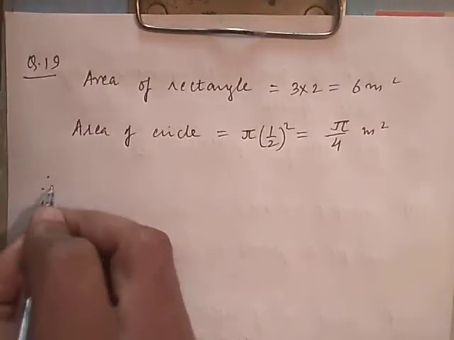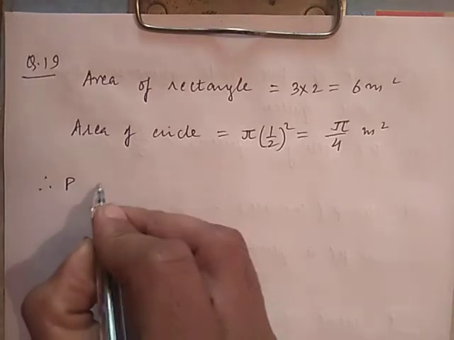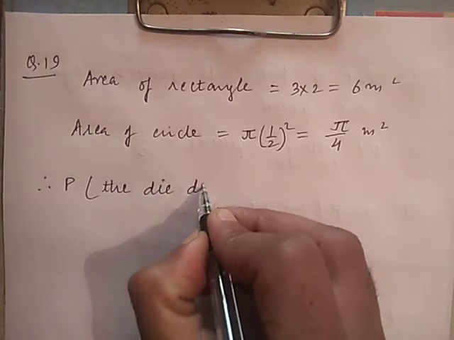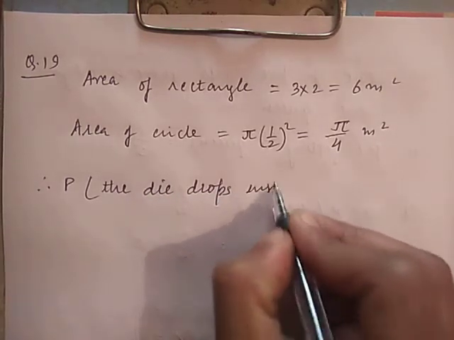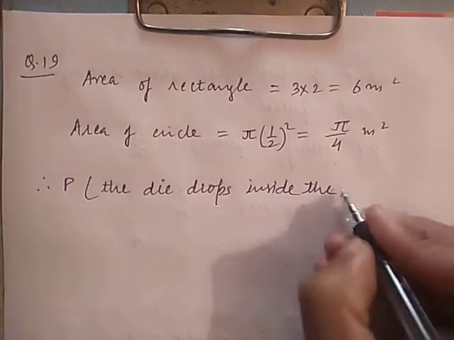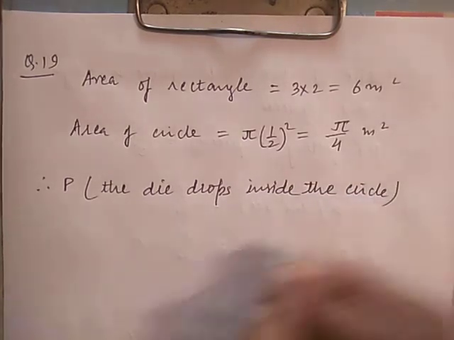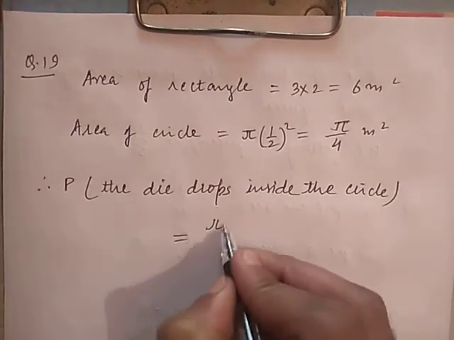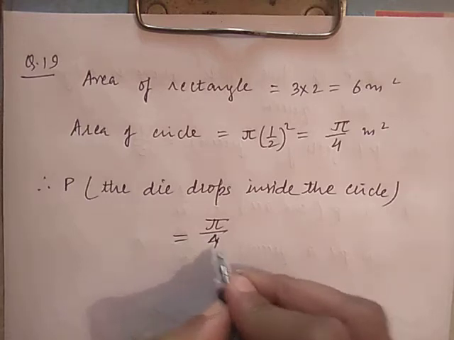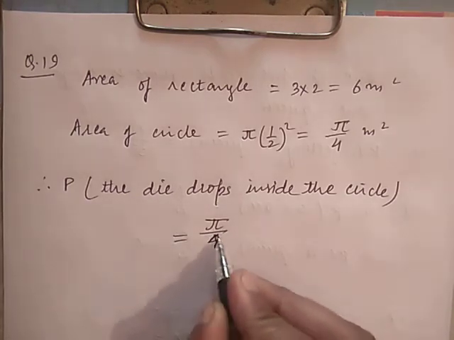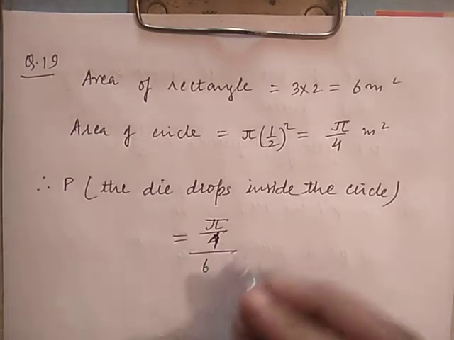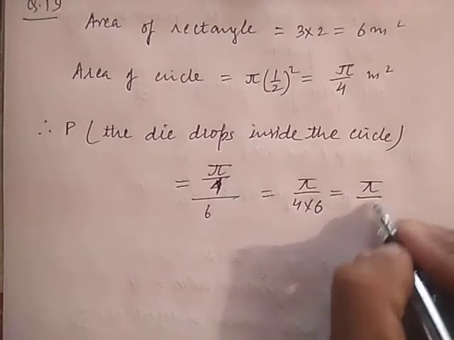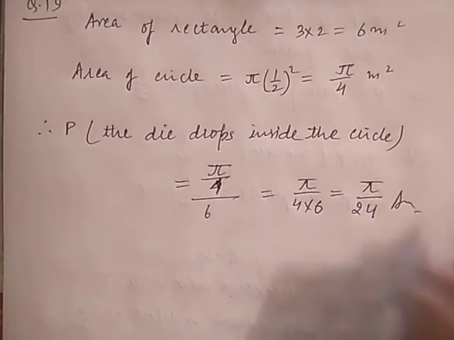Therefore the probability that the die drops inside the circle will be area of circle upon area of rectangle, that is pi upon 4 upon 6. So it will be pi upon 4 into 6, and pi upon 24 is the answer.